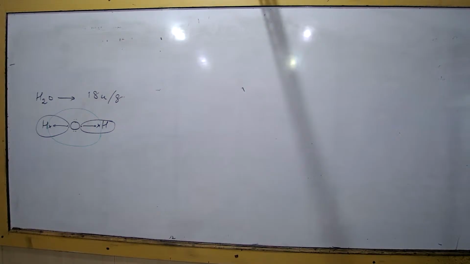That is called specific heat capacity. 4.2 joules, that you have to remember.